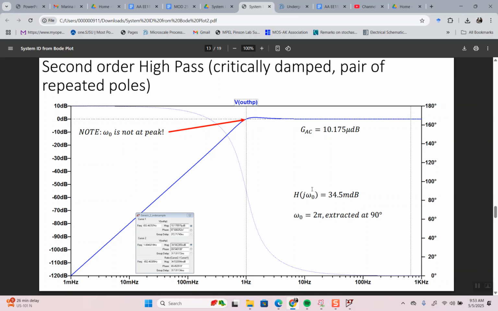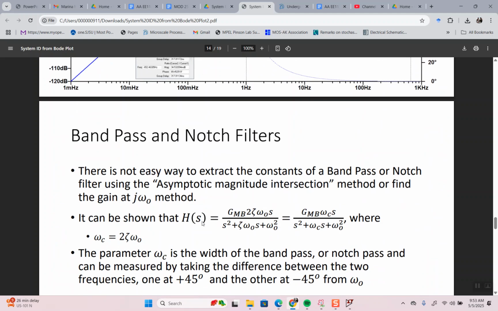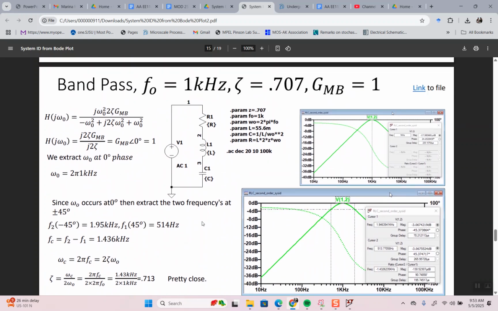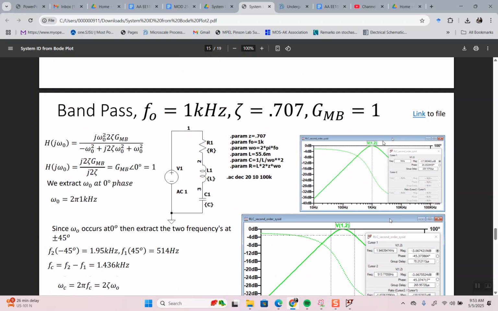But notice how we find high frequency gain here, we find the gain at omega naught here for damping coefficient, and then we get omega naught. But the problem is at the midband, notice how we have damping coefficient and midband happening at the same point. That's why we do this plus 45 and minus 45.